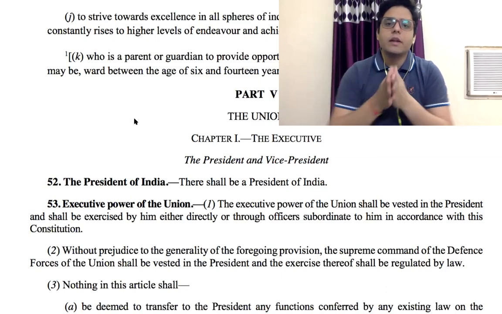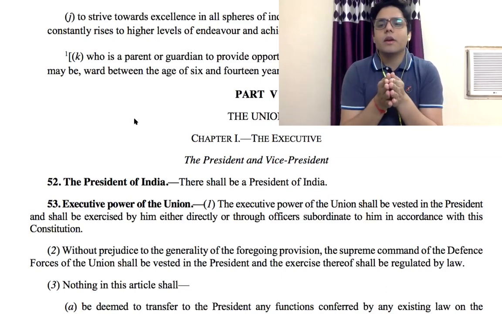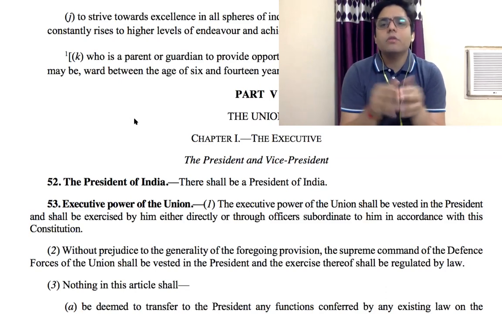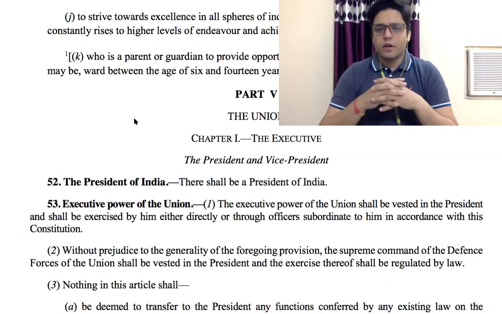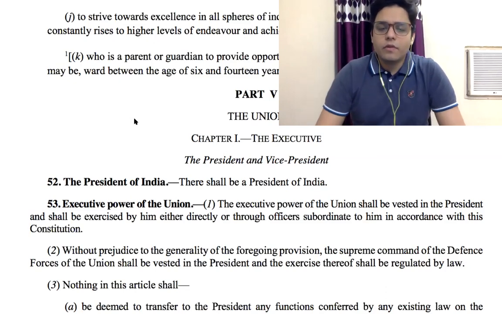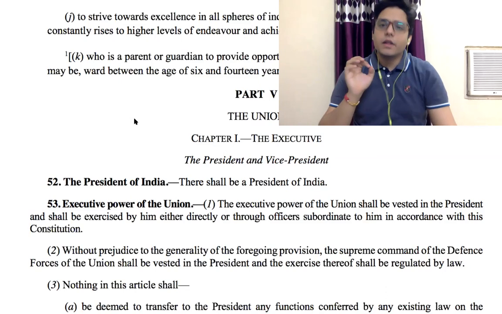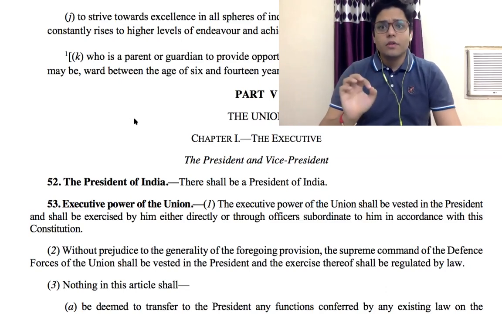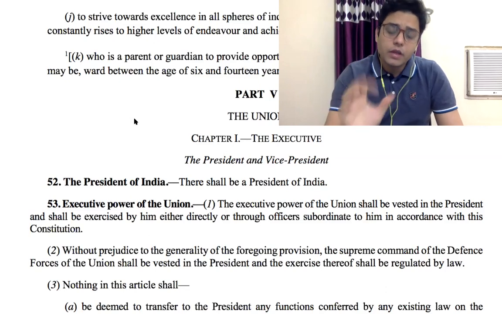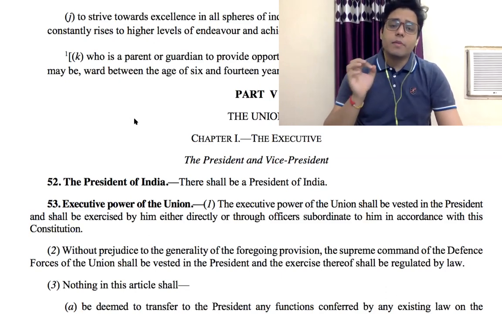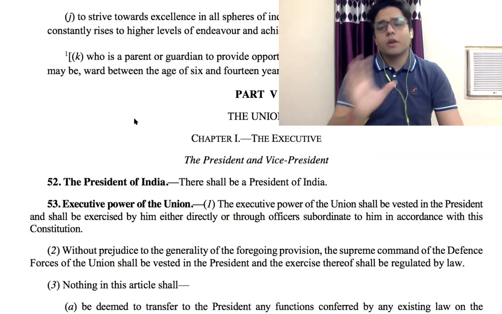It will be implied that these functions are carried out on the authority of the President, who is the source of these functions. So the whole executive power of the Union will be vested in the President, and he shall exercise that power either himself or through subordinates.